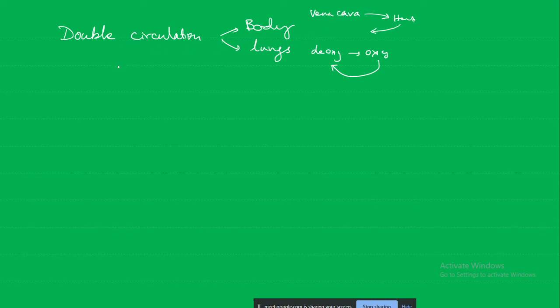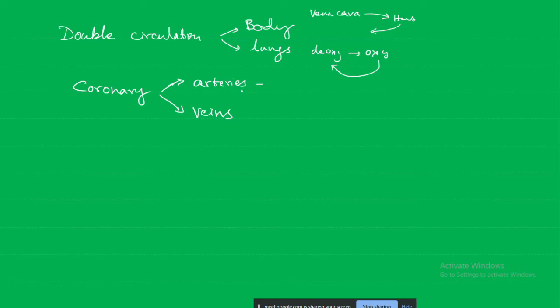So that is double circulation, but the heart itself also requires blood. That is supplied by the coronary arteries and coronary veins.